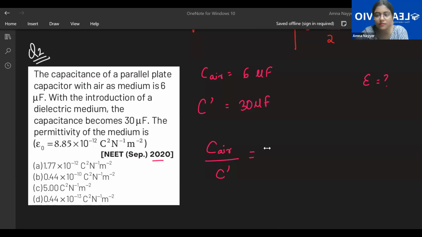You're very close. Forget 6 and 30. Think I'm putting in the values. C is epsilon naught A by D. Some dielectric medium is there. So when I take their ratio, what will be left? Try to put in the formula and think which quantity will be left.